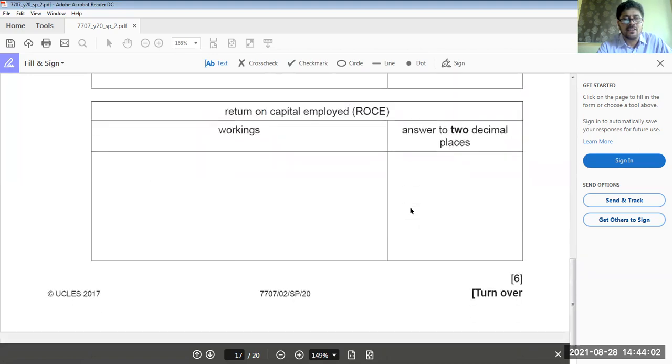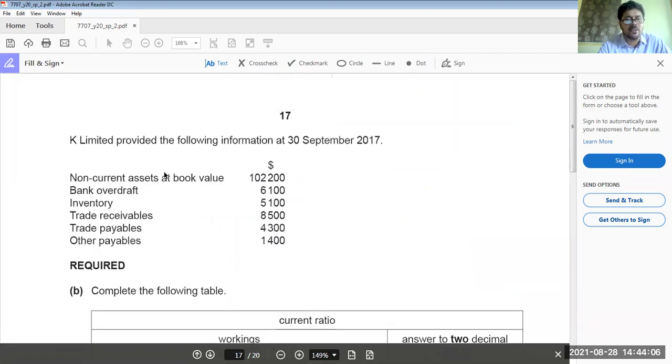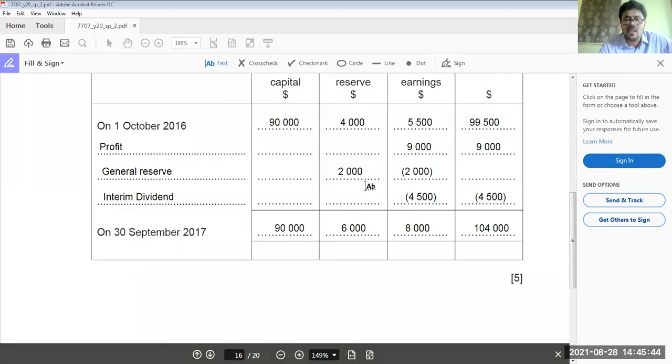Okay. Return on capital employed. Now we have to calculate capital employed. Capital employed is calculated by using what? Now the capital employed we need for a joint stock company: shareholders' equity plus long-term liabilities.